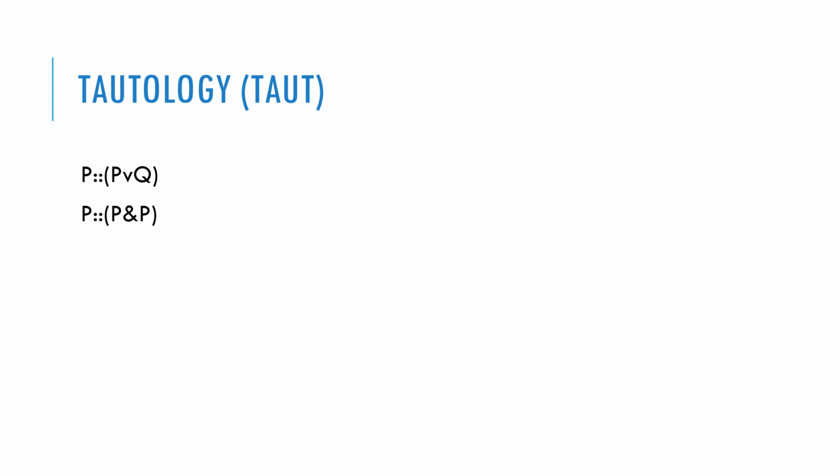Last is the tautology, so that if I say P, it's equivalent to P or P. If I say P, then it's equivalent to P and P. So here, very similar to addition, very similar to simplification, with this form we can simply add on other pieces, or just state naturally that something is the same as what it is.